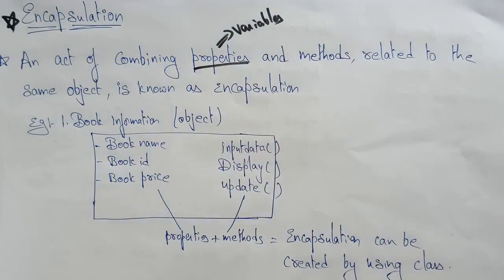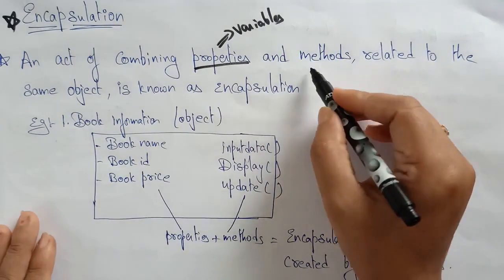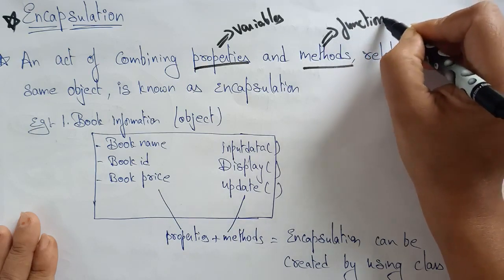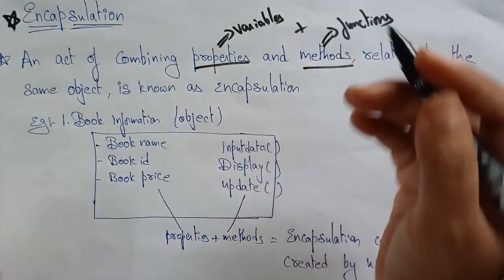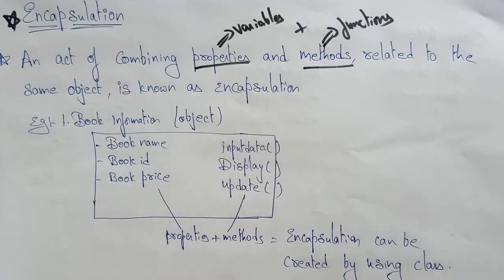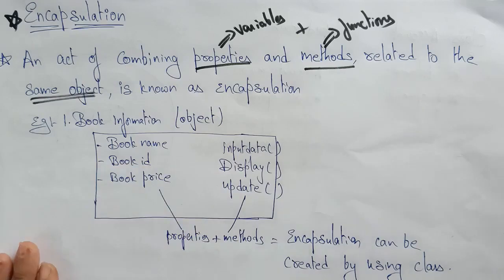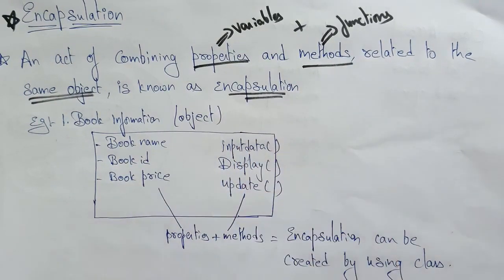It's combining the properties and the methods. Methods are nothing but the functions. So encapsulation is the act of combining the variables and functions related to the same object. Remember that, related to the same object, is known as encapsulation.